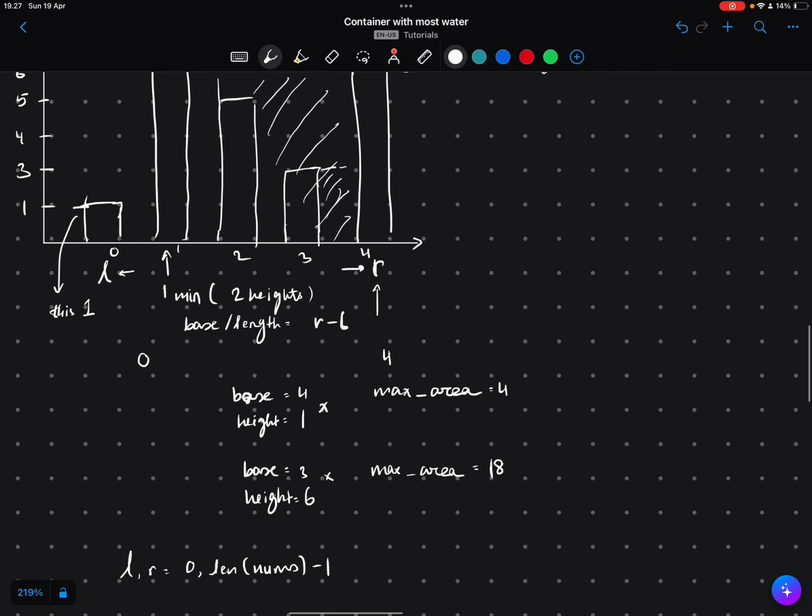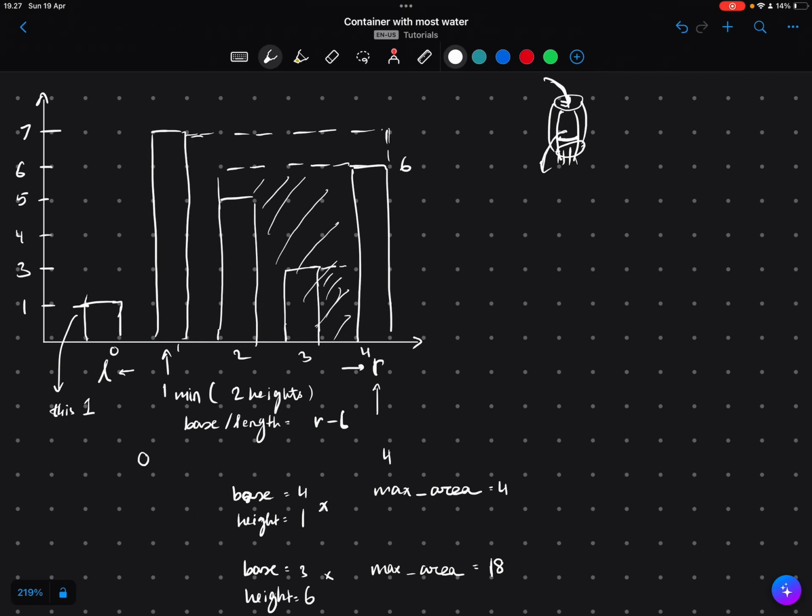And there's actually another thing in this. If you are sitting at the tallest rectangle, it would be dumb to move away from that rectangle, right? If we were sitting at 7 and we got the maximum right now from 7 and 6, it would be dumb to move away from 7 to a lower one, because we would know that 7 was the best candidate.